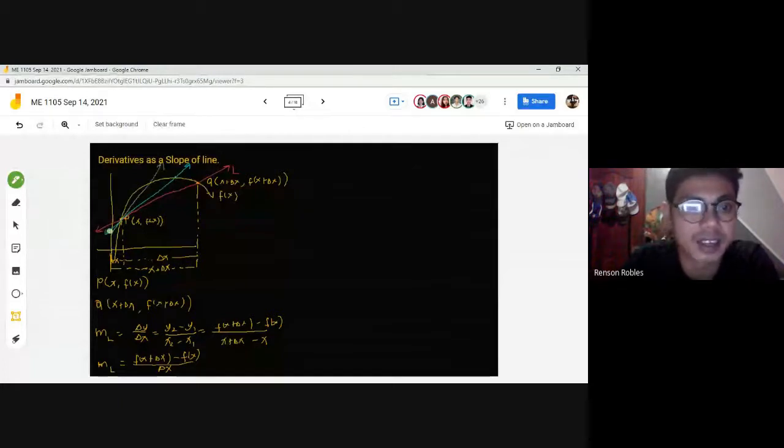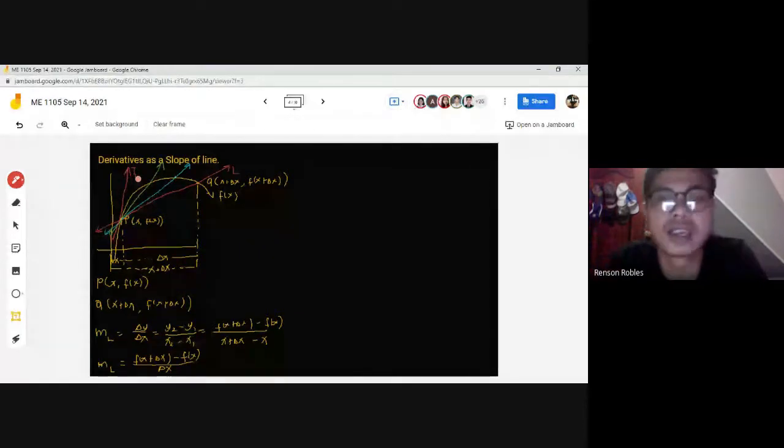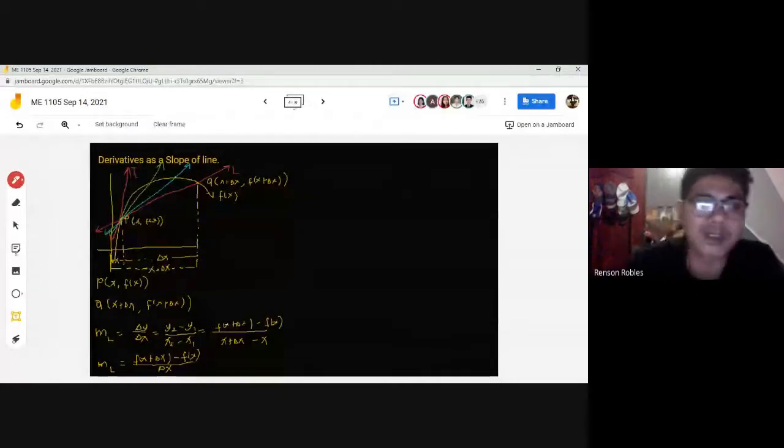And there will come a point where your line L will be tangent to this curve, f of x, at point P. And this is what you call the tangent line. The tangent line is a line passing through exactly one point on the curve. So if we want to get the slope of the tangent line, that's what we need to do.